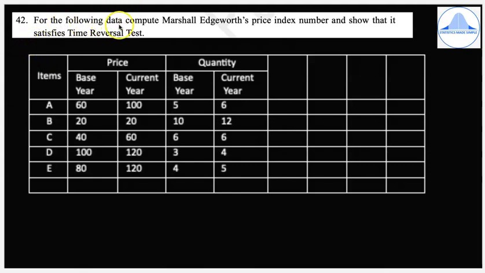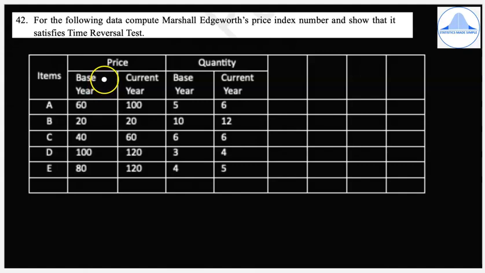42nd question. For the following data, compute Marshall-Edgeworth's price index number and show that it satisfies time reversal test. Items are given from A to E. The price for the base year and the current year are given, and the quantity for the base year and current year are given.